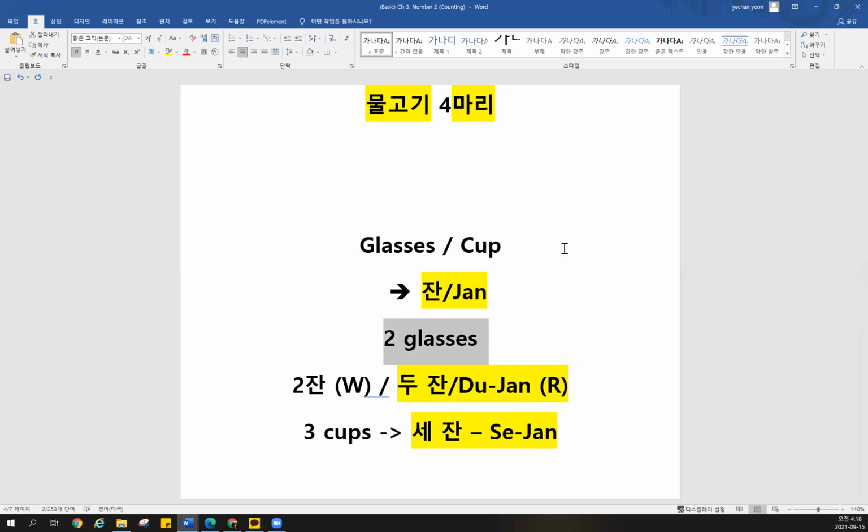Not 둘 잔, changing form. Don't forget about it. 두 잔. Writing is simple, like this: number and word. How about 3 cups? You can say 세 잔, not 셋 잔. 세 잔, changing form. So 3 cups, like this.